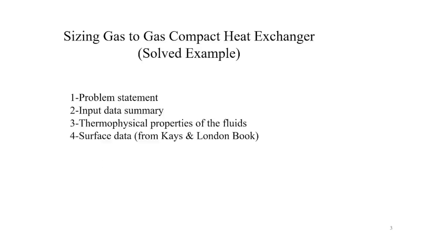Surface data, which is very important in order to solve the problem, is going to be taken from Kays and London, and actually is going to be taken from the EASE program. Additional surface calculation has to be made before we go to the actual calculation.